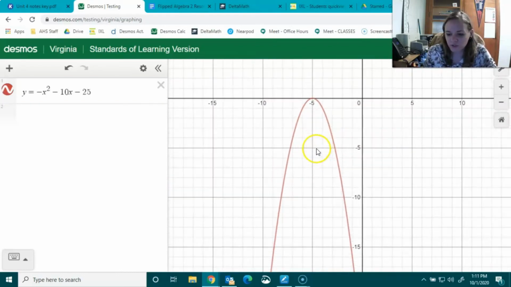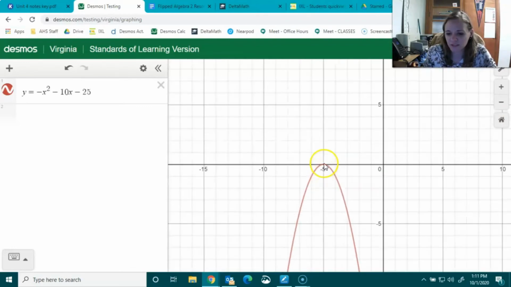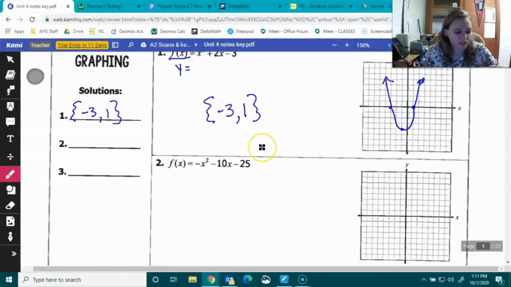Alright, how many solutions we got? It's sitting on the x-axis, not intersecting twice, but it's touching it, so it's intersecting it once at -5. Alright, one solution in this case. Okay, does that make sense? So just put set notation brackets and then put your answer there.